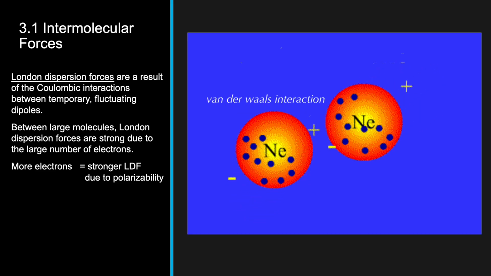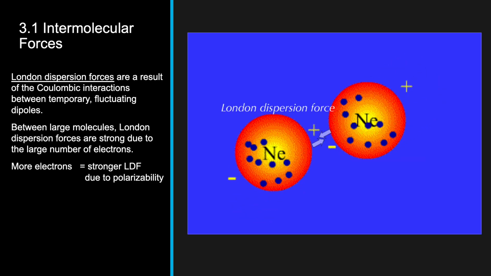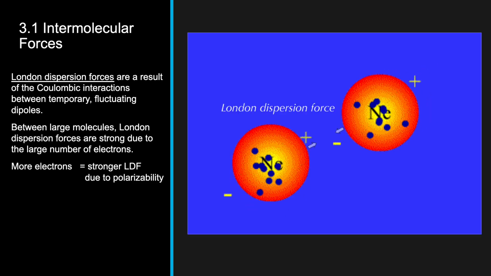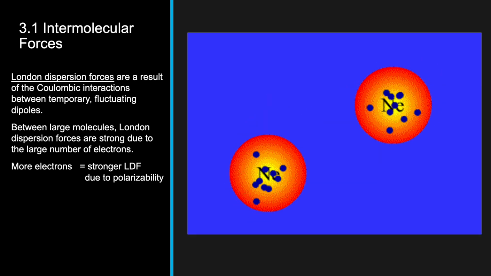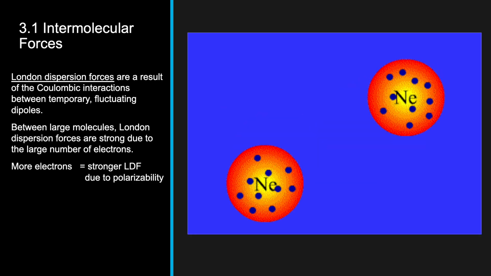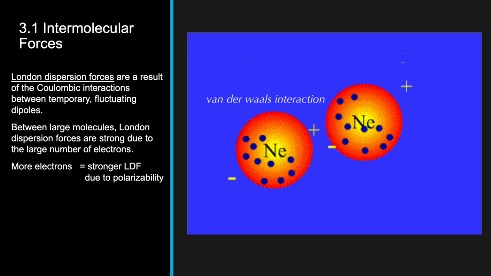London dispersion forces are a temporary shift in electron clouds that create temporary dipoles. If we're looking at these two neon atoms on the screen here, they start out as a normal neon atom with its 10 electrons surrounding it, all kind of sporadic.